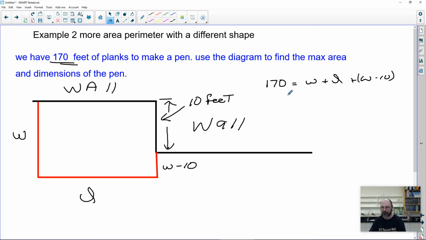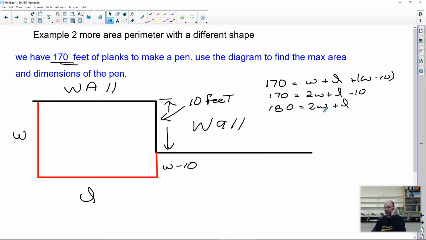If we collect the terms, 170 equals 2W plus L minus 10. Add 10 to both sides, 180 equals 2W plus L. That's our equation for that.